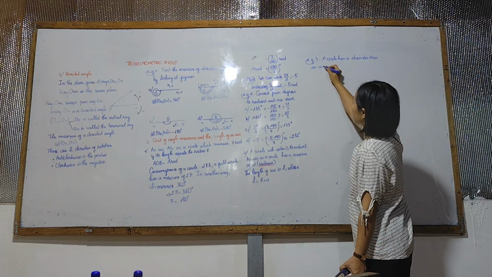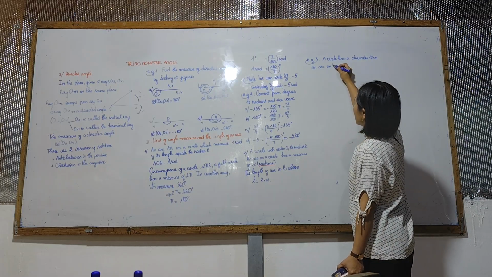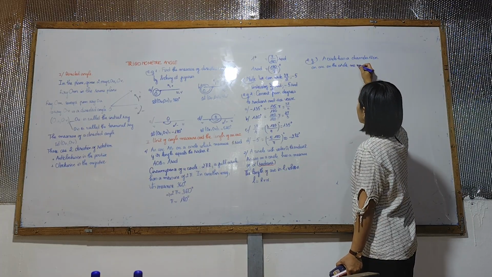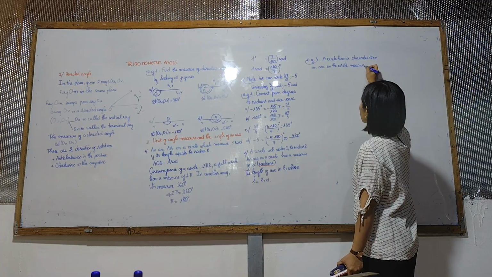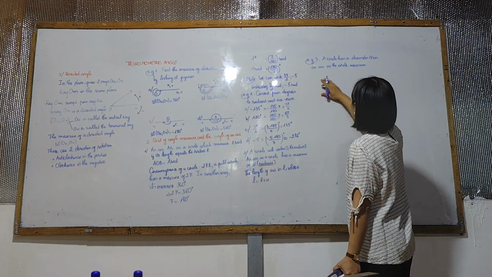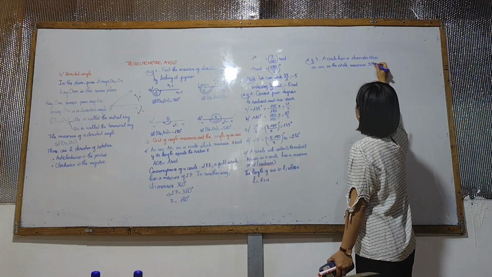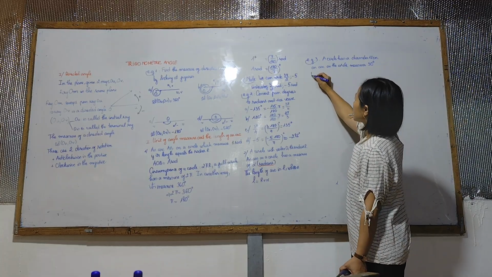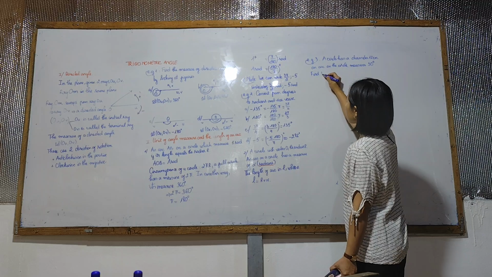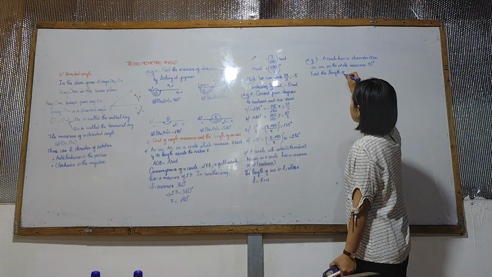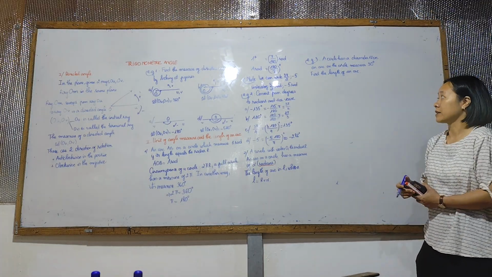An arc on the circle measures 30 degrees. Find the length of the arc.